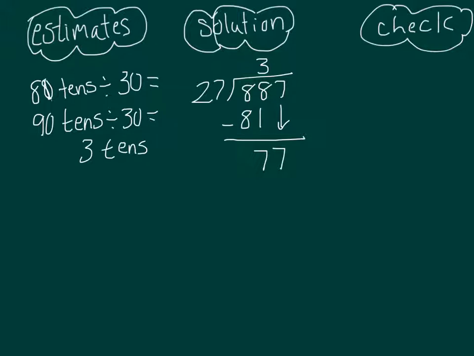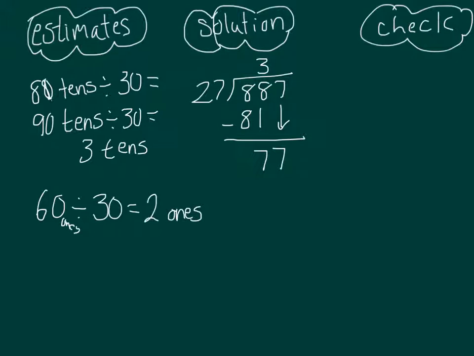And going back to our multiples, finding a multiple of 30 that would get us close to 77 ones. And what I'm seeing is that you figured out that 60 divided by 30, and this is 60 ones, is going to be our estimate, and our quotient for that is 2 ones.